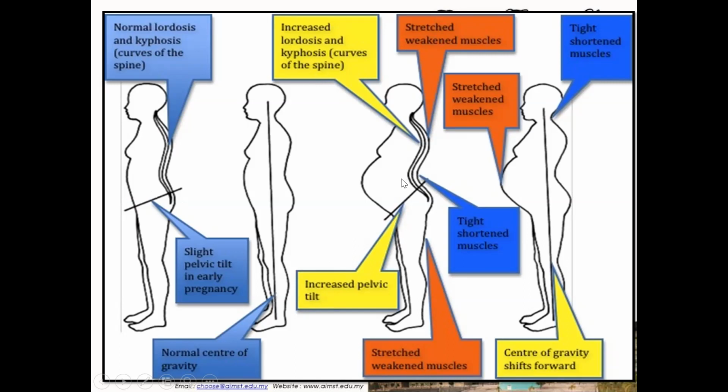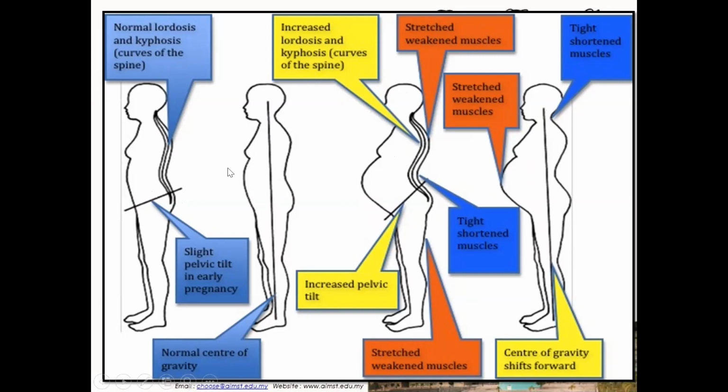Is that clear? And because of this change in posture, if you see the line of gravity, this is the normal line of gravity, but definitely it is going to come out of the base of support. So to manage that only, they will have all these postural changes.